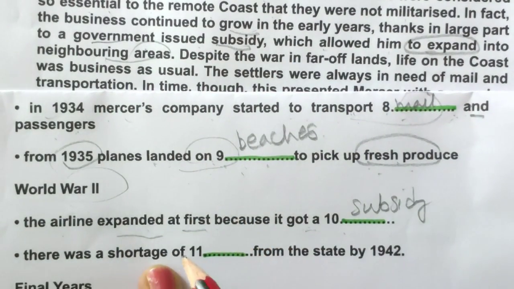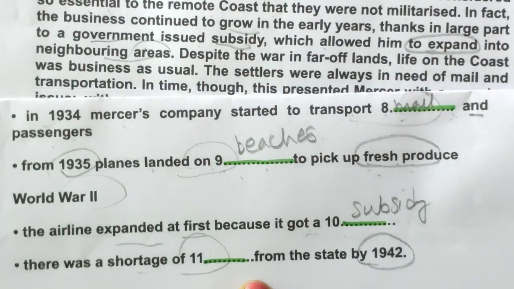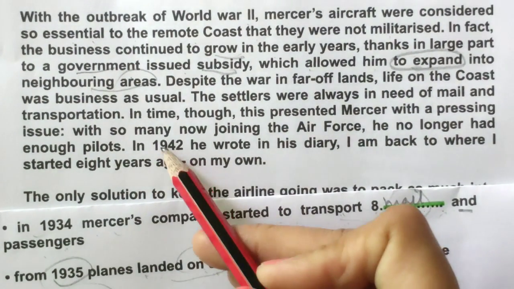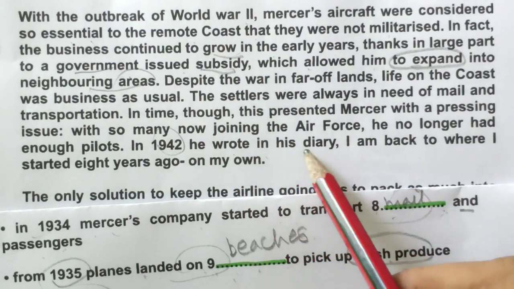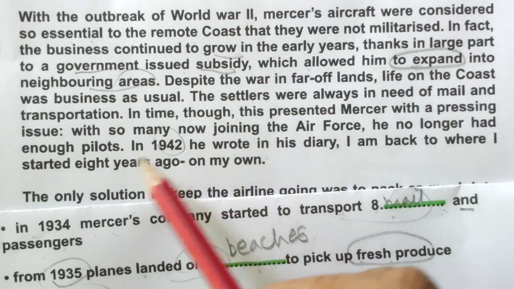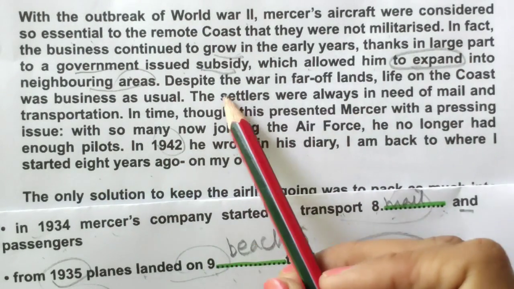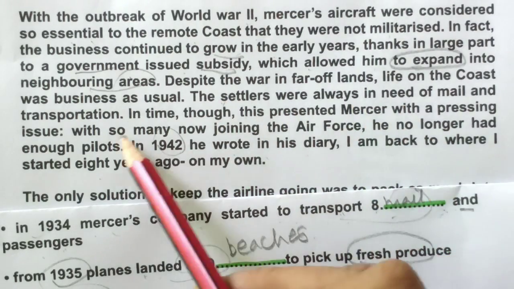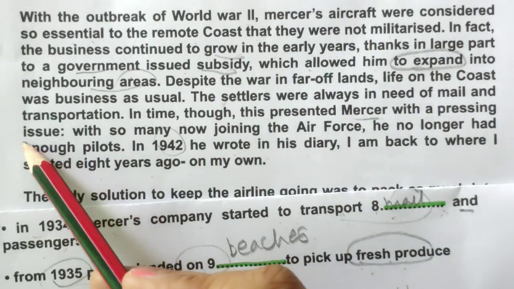Okay, so 11: there was a shortage of, from the state, 1942. Shortage, 1942 is here, see this. Okay, so in his diary, I am back to where I started 8 years ago on my own. So let's read it from here also. The settlers were always in need of the mail transportation in time, though this presented Mercer with a pressing issue.